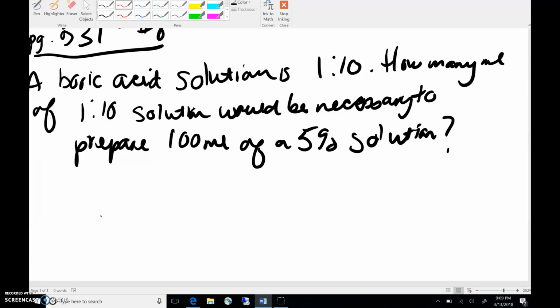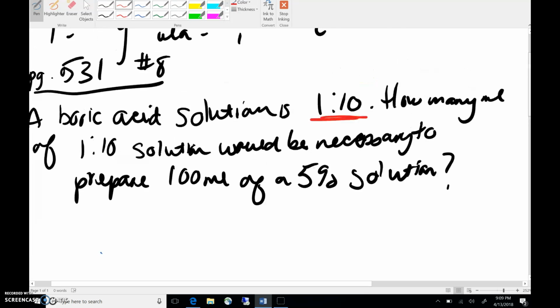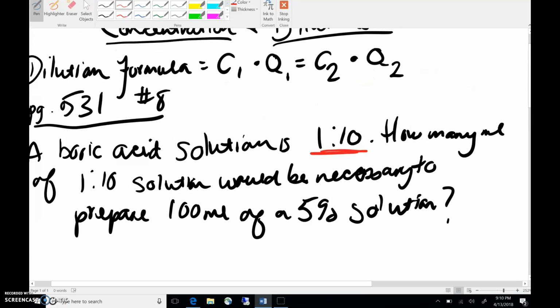So as I read this problem, it says a boric acid solution is 1 to 10. This is a concentration, so I'm going to circle this and identify that. It says how many milliliters of 1 to 10 solution? Well, let me stop here.